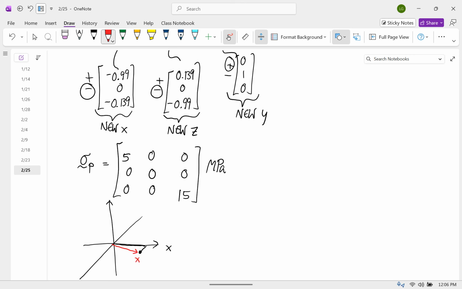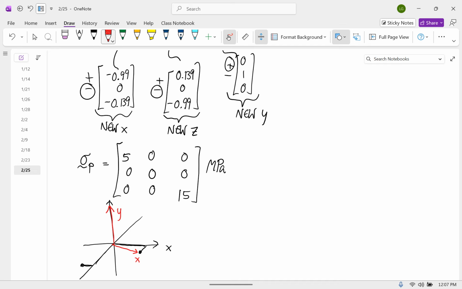So there's my new X. My new Y is my old Y. And my new Z is 0.99 in the old Z direction, and then negative 0.139 X. So something like this.